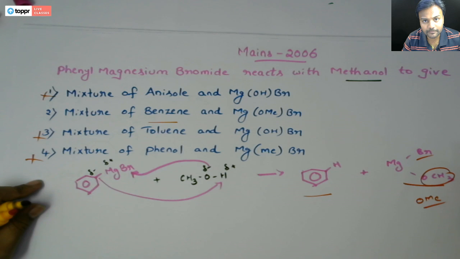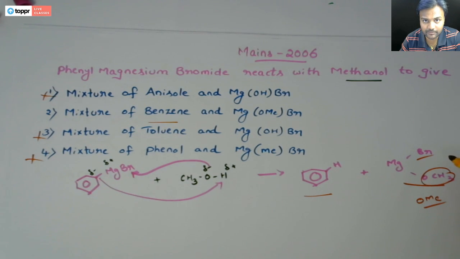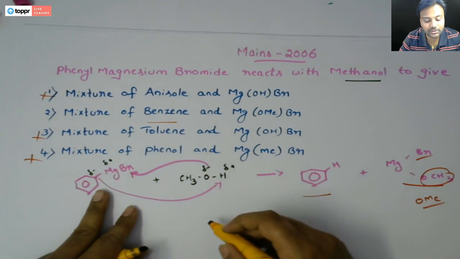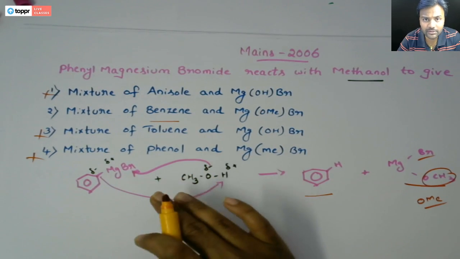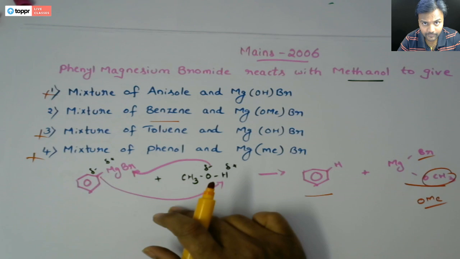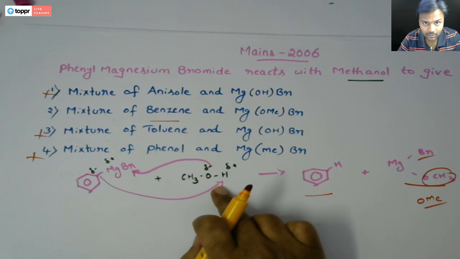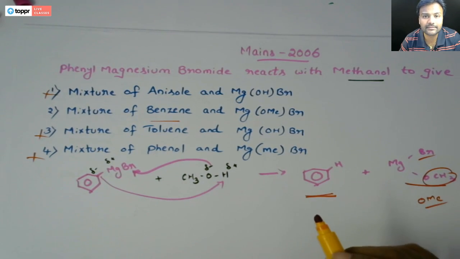I hope you got it, right? This is the way you proceed with the questions. So once you are writing the Grignard reagent, just write down where is positive and where is negative. Remember students, Grignard reagents, when treated with acids or water or polar solvents like methanol or ethanol, always form alkanes.